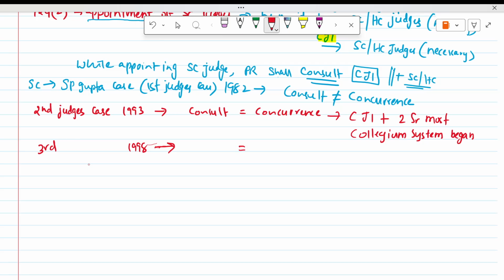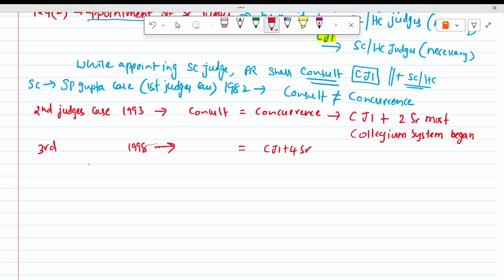When it comes to the third Judges case in 1998, the Supreme Court here said consultation is equal to concurrence. Here you have to consult the CJI plus the four senior-most judges.